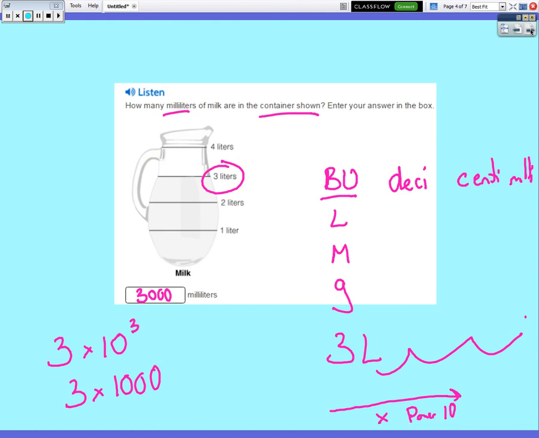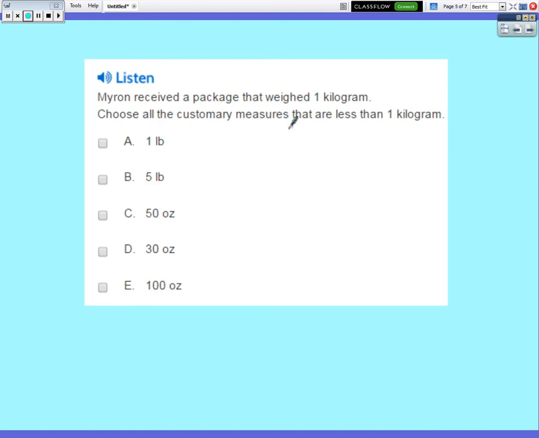All right, let's take a look. Mine received a package that weighed 1 kilogram. Choose all the customary measures that are less than 1 kilogram. Now, I'm lucky because on my backboard I can see that 1 kilogram is approximately 2 2/10 pounds.